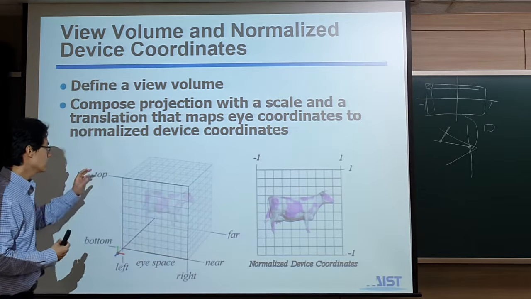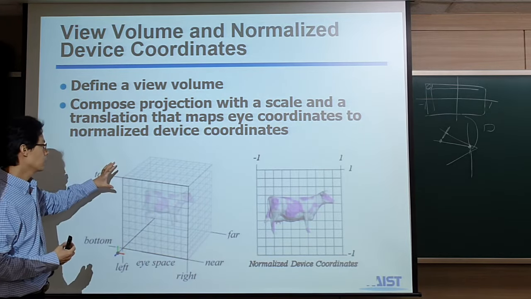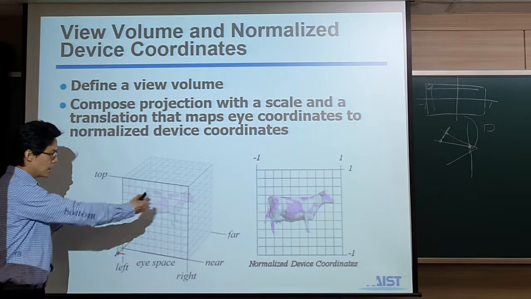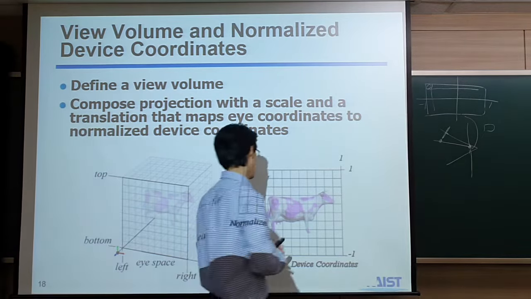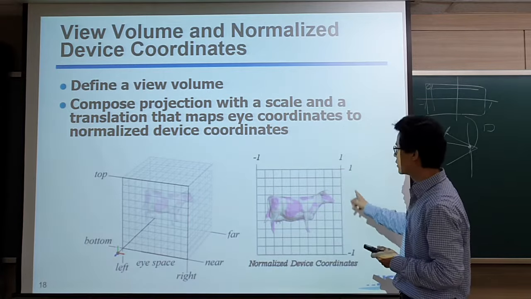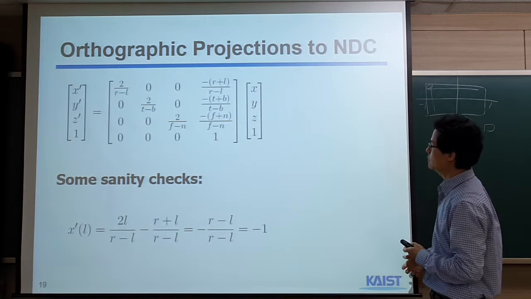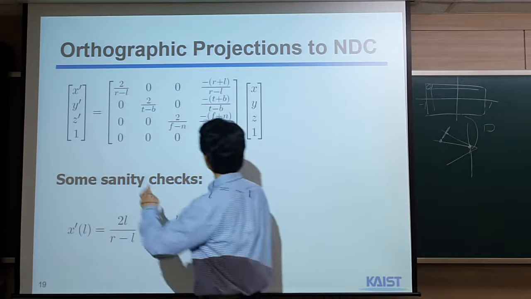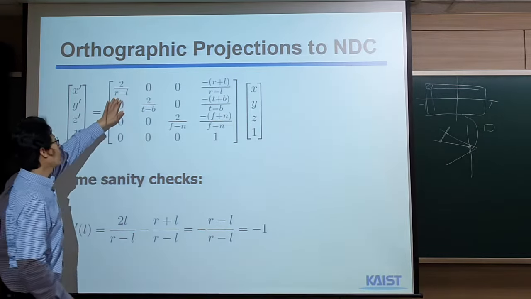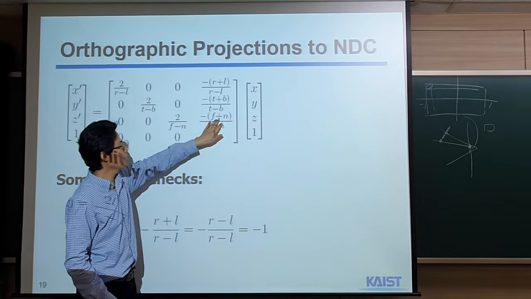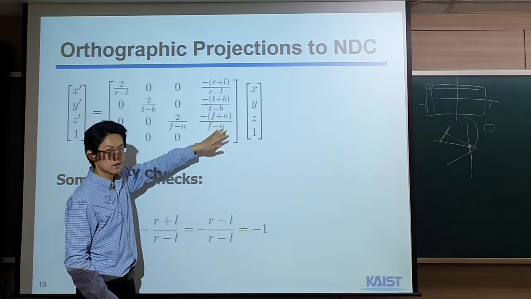In this case, we map this width, height, and depth into the normalized device space, -1 to 1. It's nothing but scaling. Here, R and L are right and left, T and B are top and bottom, and F and N are far and near.